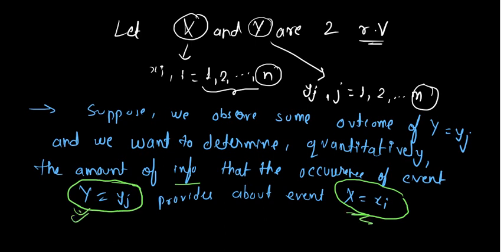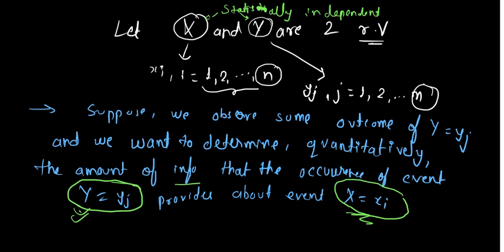So what is the amount of information that observing yj will give about xi, right? Of course, if x and y are statistically independent, then obviously the occurrence of y equals yj won't provide any information about x equals xi. If they are statistically independent, then y will not provide any information about x and vice versa.